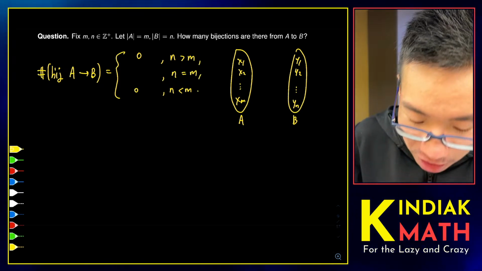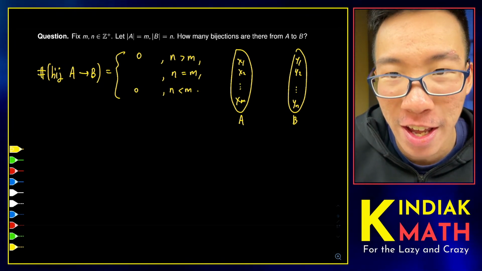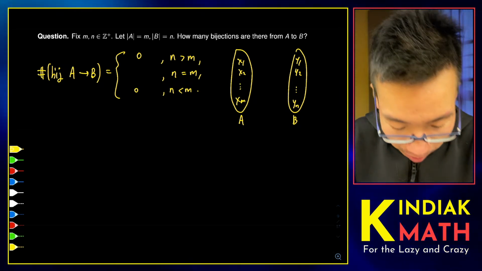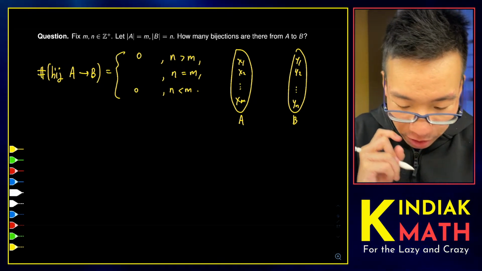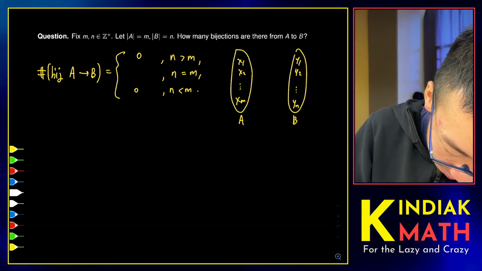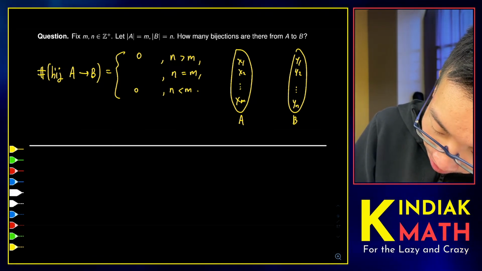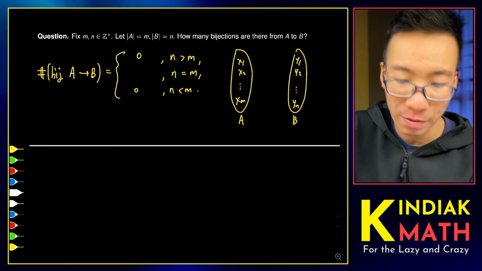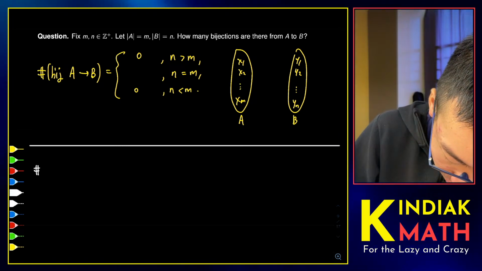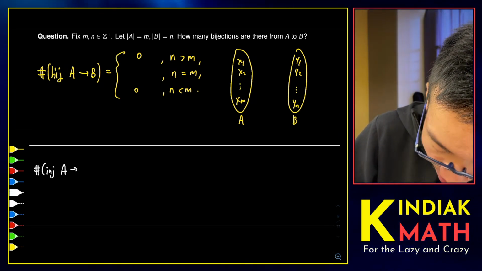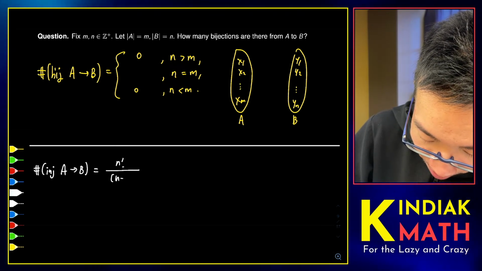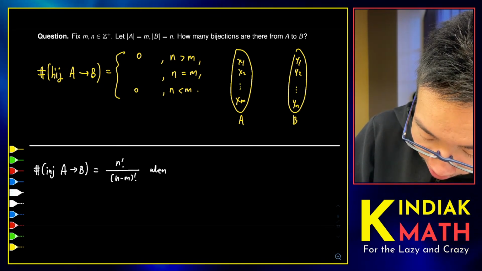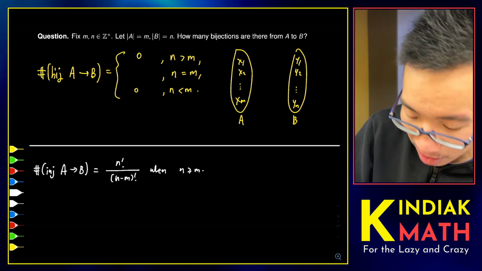Now, here's the question: how many bijections are there when n equals m? Here's a result which we can use. We've calculated that the number of injections just now is n factorial over (n minus m) factorial when n is bigger than or equal to m.